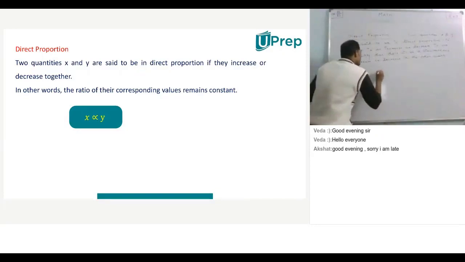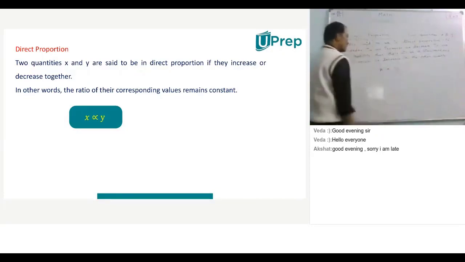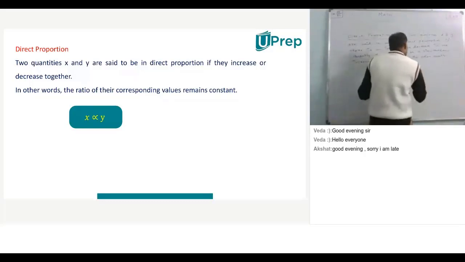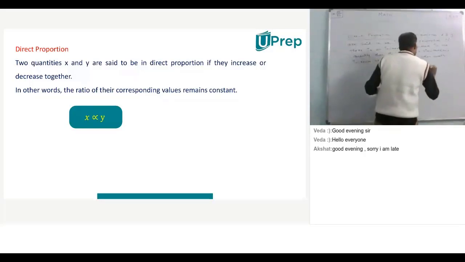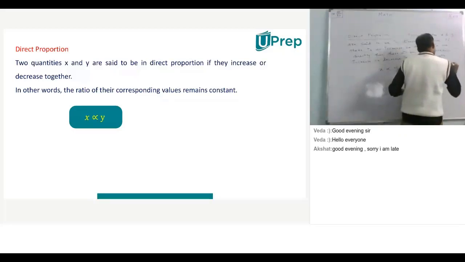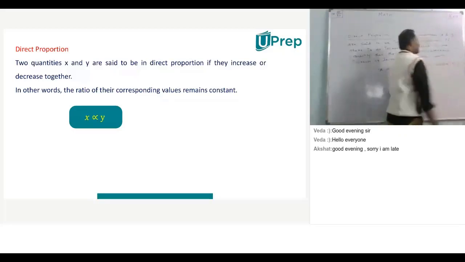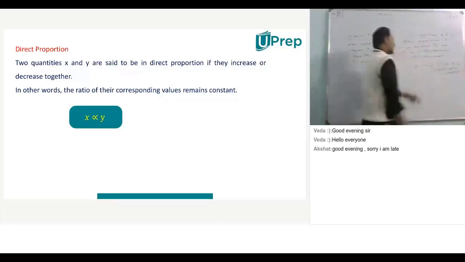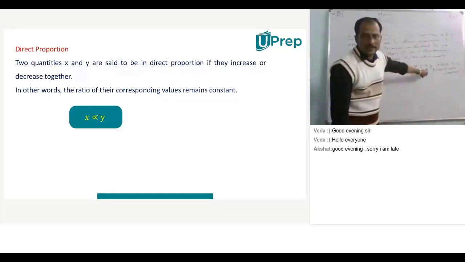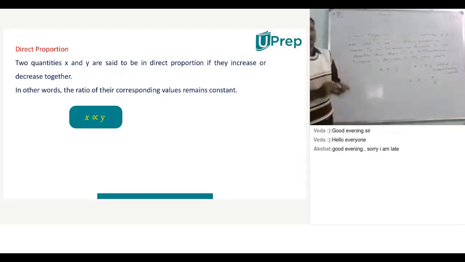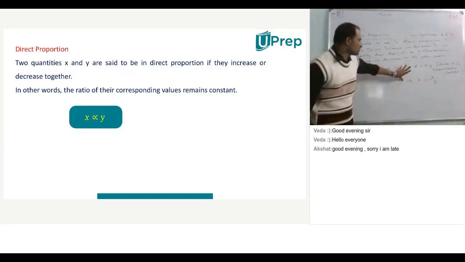Okay. X is proportional to Y, which implies X is equal to KY, where K is the proportionality constant, and the value of K we will obtain by X upon Y. Basically, you have to note down these two points.